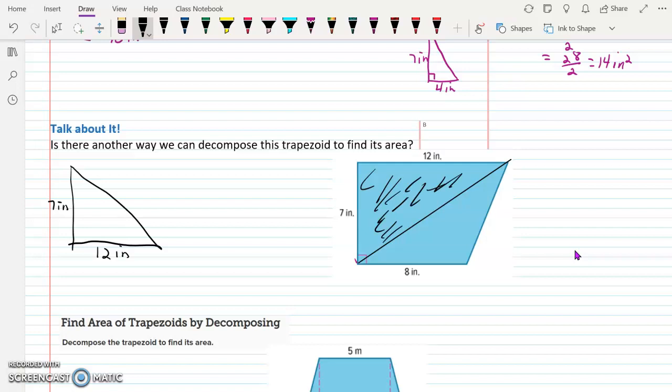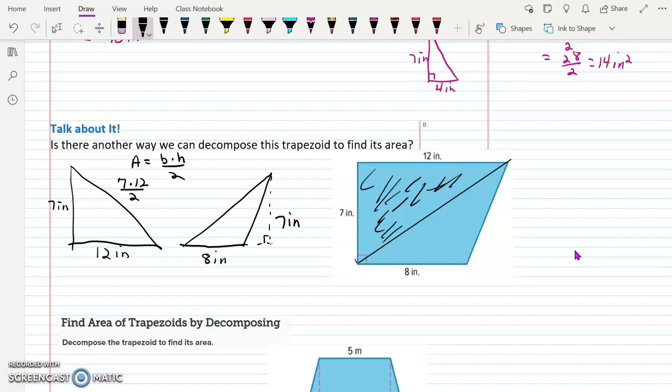And then I see I have another triangle with a base of 8 inches and a height of 7 inches. So again, we're going to use our triangle formula, base times height divided by 2, and I'm going to do that twice. So I would do 7 times 12 divided by 2.